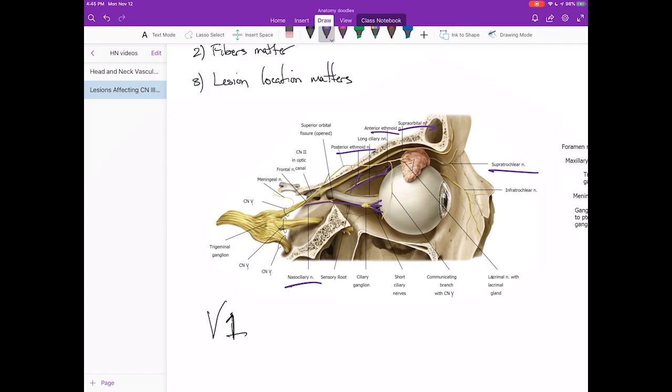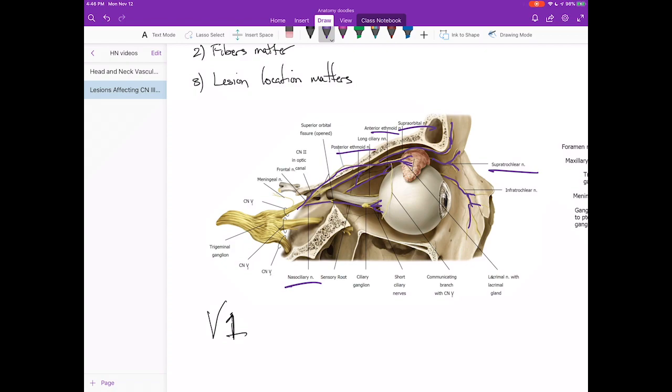There is a lacrimal nerve that's going to go to the lacrimal gland. This is pulled out here. All right. Let me draw on the supratrochlear nerve and the infratrochlear nerve and the supraorbital nerve. There we go.